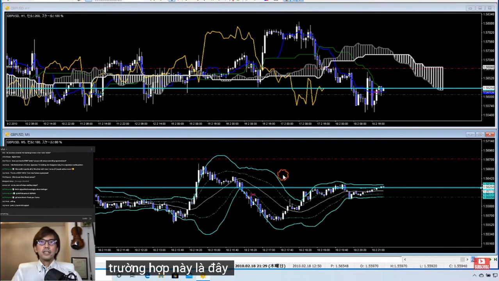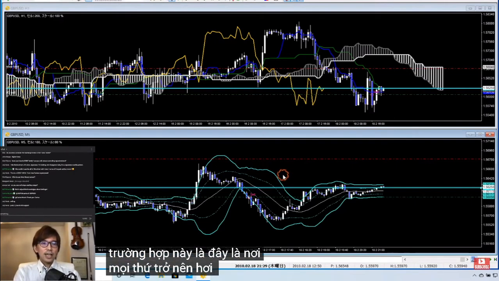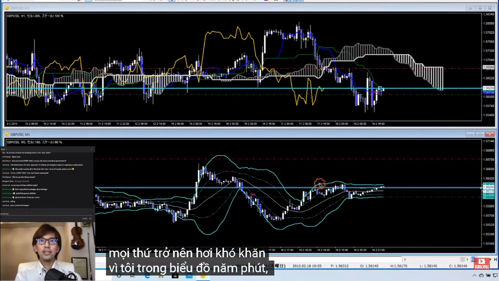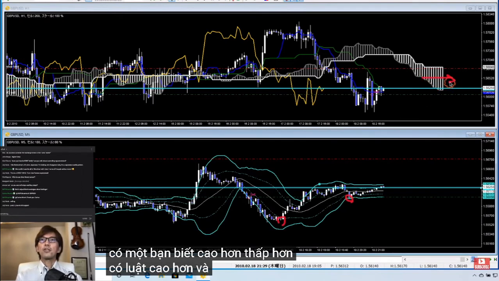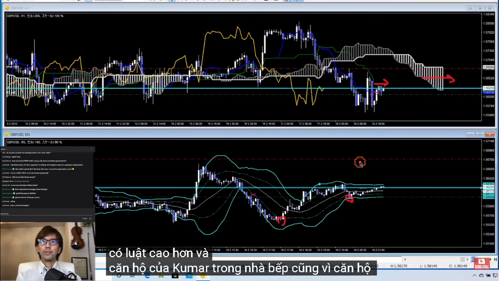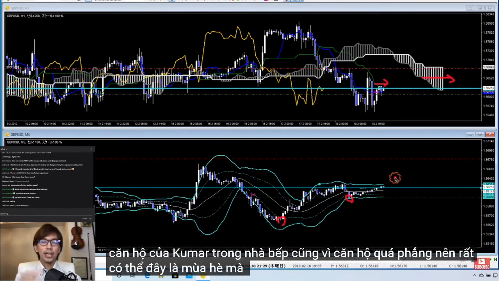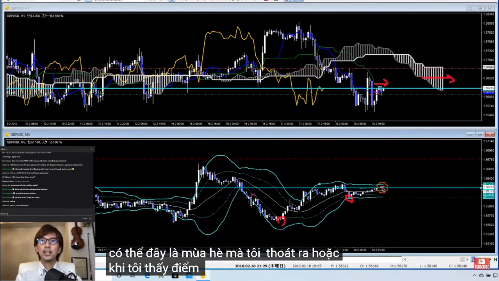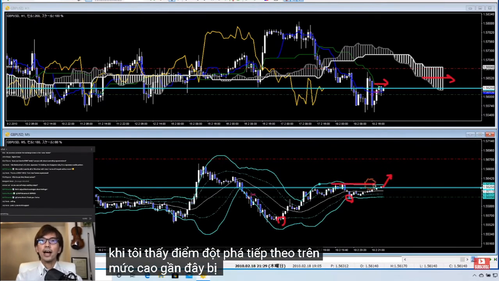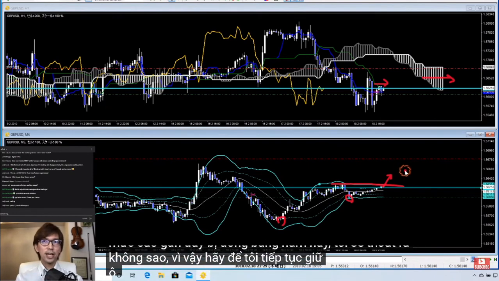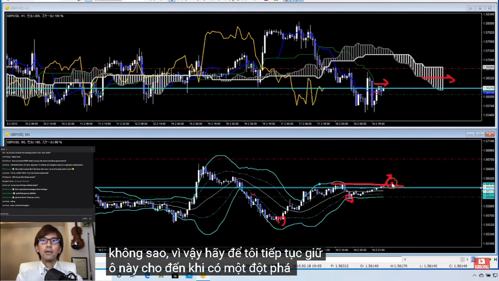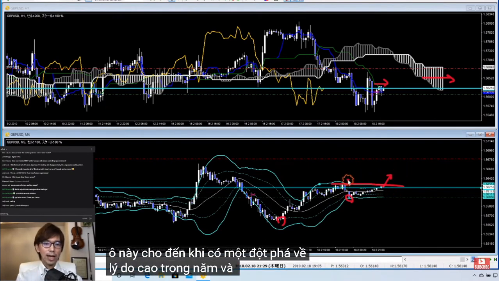Yeah, in this case, this is where things get a little bit difficult because in 5-minute chart I see there is a higher low, and also Kumo is flat and Kijun Sen is flat too. So most likely this is somewhere that I exit, or when I see the next breakout on this recent high upwards on 5, I will exit. Okay, so let me just keep holding this sell until there is a breakout of the recent high in 5 and I exit.